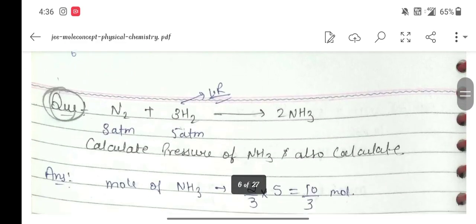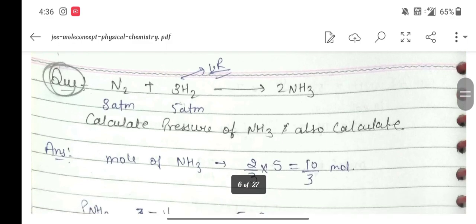Now the next question that they have given is N2 plus 3H2, here 3H2 is the limiting reagent, that gives 2NH3. So here N2 has 8 atoms and H2 has 4 atoms. So we have to calculate the pressure of NH3 and also calculate the rest.